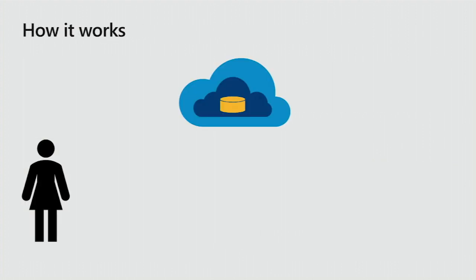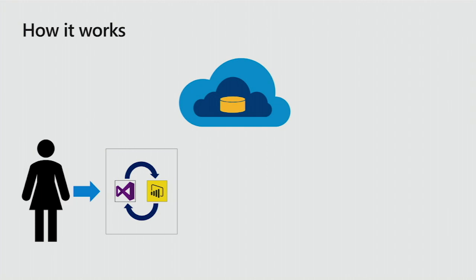How does it work? It's different from the previous connector, because if you want to create a custom connector for Power BI, you need to use Visual Studio for that. There is not yet a connector that will be created for Power BI that works with Microsoft Flow, Power BI, and Power Apps.